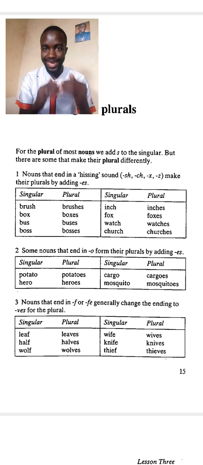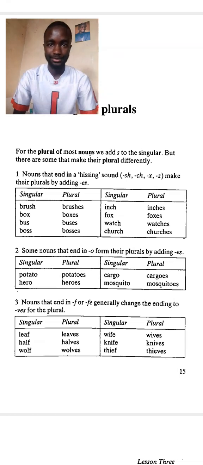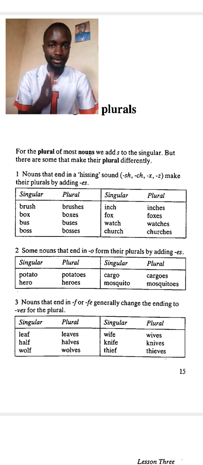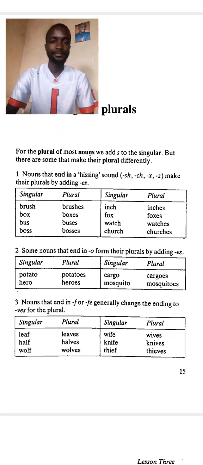Nouns that end in F or FE generally form their plurals by adding ES. Oops, that's a mistake. By adding VES. Why? Because the nouns end in either F or FE. Let's take a look at illustrative examples.